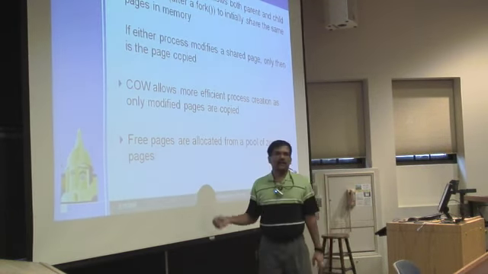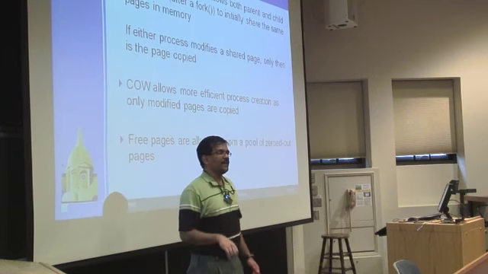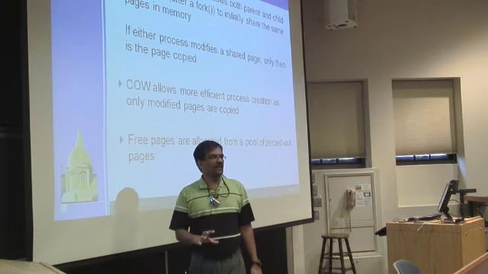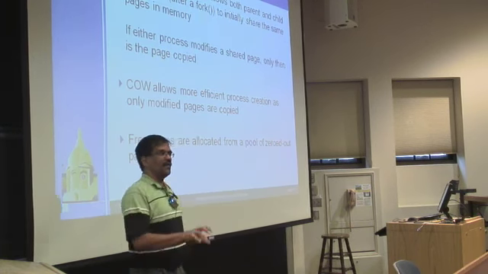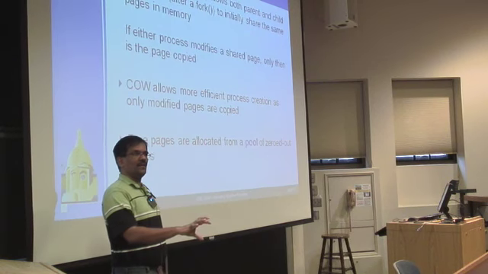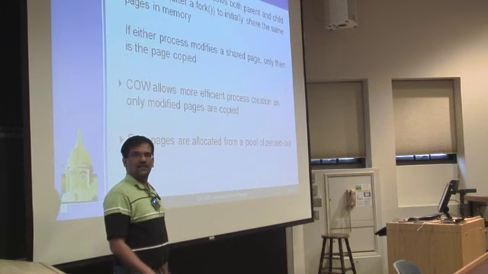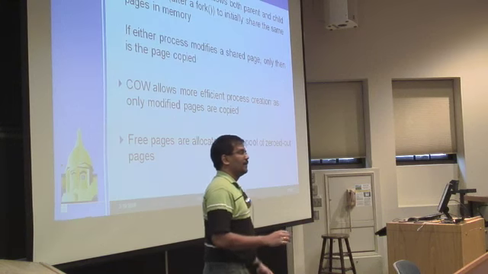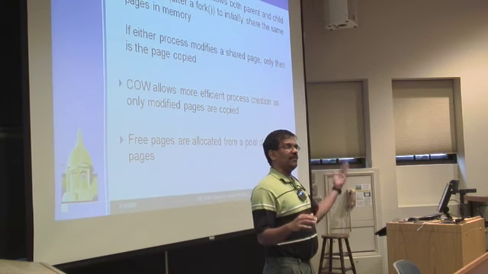And some of the pages which are allocated are zeroed out. This is another operation which may or may not be costly, depending on how you do it. If the hardware supports the notion of not zeroing it out, but when you read it, you only get a 0, that's good. If you want to give a new page, the question is, should it be all zeroed out or should it have the old value?